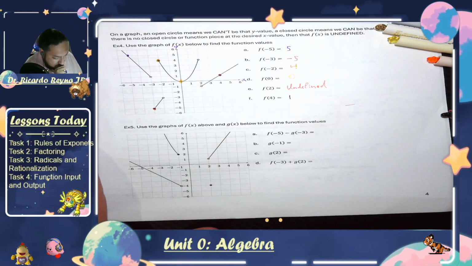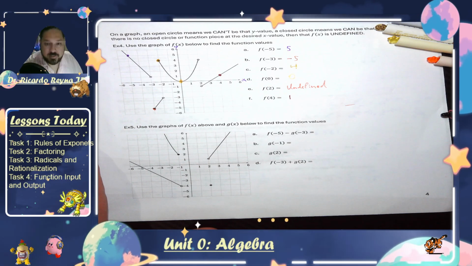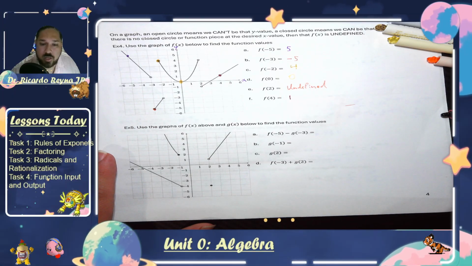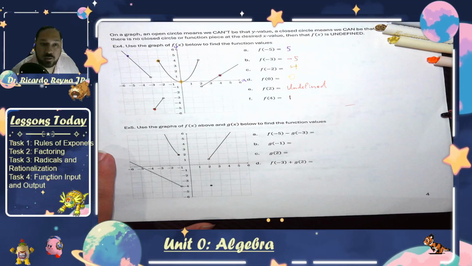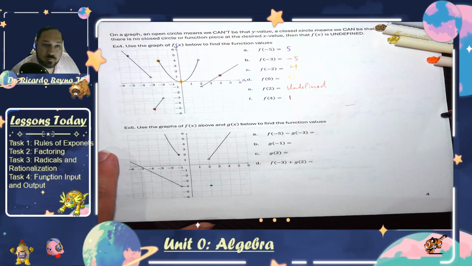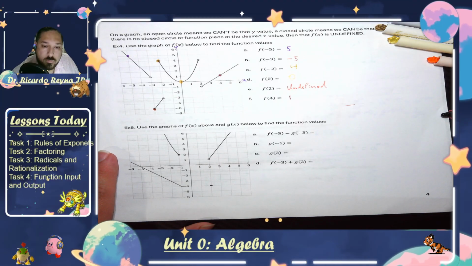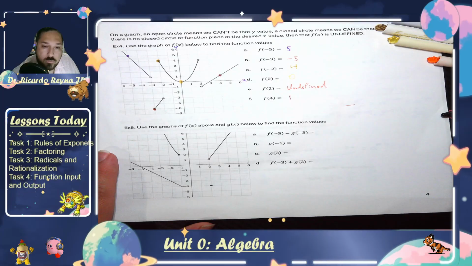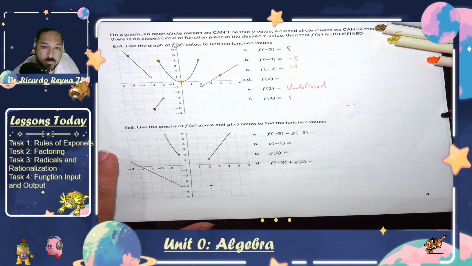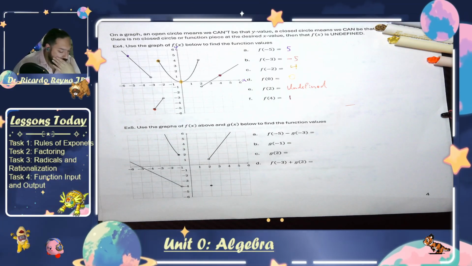Wait. Let me see. I think I forgot the labeling on these. What did I have as the labeling? Let me see real quick. Oh, this is g of x.